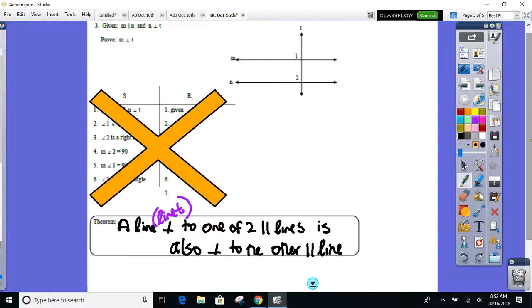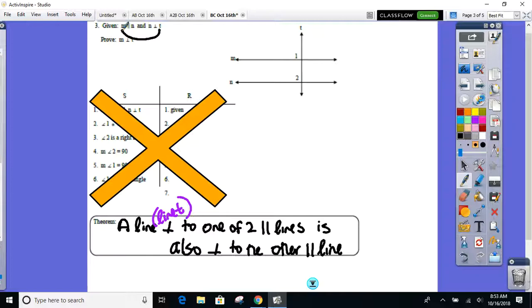You had line T perpendicular to N. What did I also know? N was part of a parallel line. So that must mean that T and M are perpendicular. A line perpendicular to one of two parallel lines has got to be perpendicular to the other line. And we'll use this in a second. Questions right now about those three, because now we're going to use them in an actual proof.